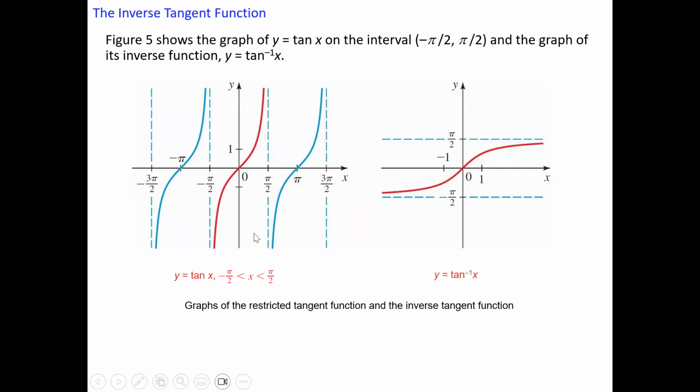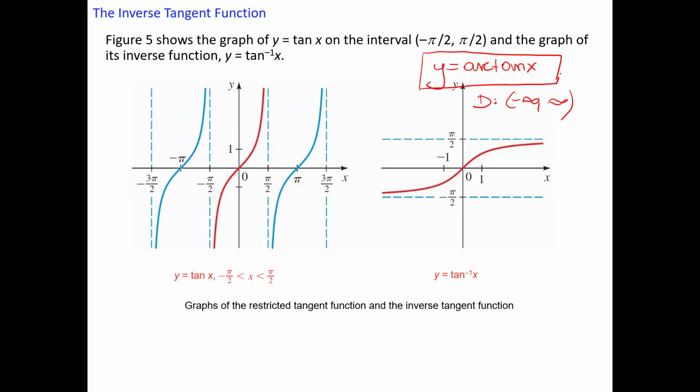Now the domain is from negative infinity to positive infinity. And this is arc tangent of x. It will be quite helpful. One of the important functions, I mean, everything is important. And then the range is between negative pi over 2 and positive pi over 2, not including. That means they actually will become horizontal asymptotes.